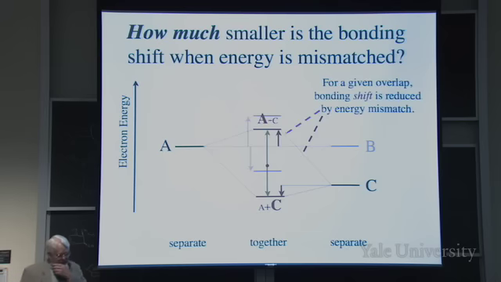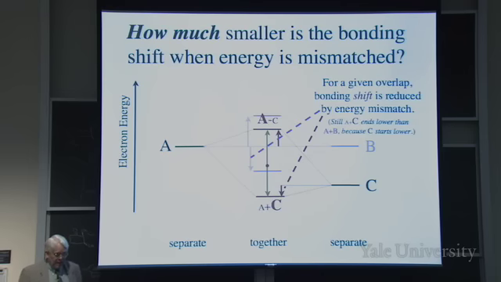Okay? Now, for a given overlap, the bonding shift, how much the electrons changed when the atoms came together, is reduced if the energies aren't well matched, if you have the same overlap. You don't get as strong a bond from that point of view. The energies didn't shift down as much or up as much.